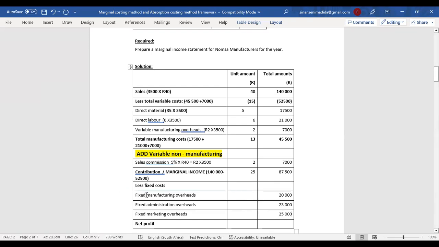Now we need to fill the line, guys, which says let's fix the cost. How do we do that? We add our 3 lines, the 20,000 and the 23,000 and the 25,000. Are we getting, guys, 68,000?